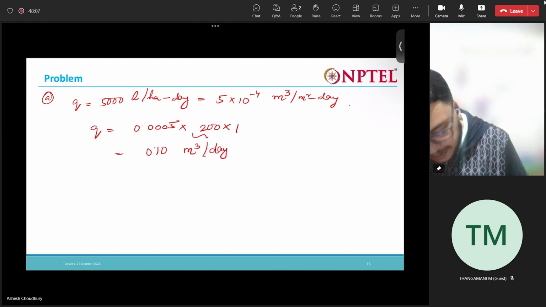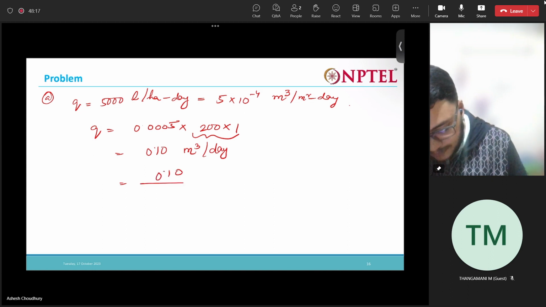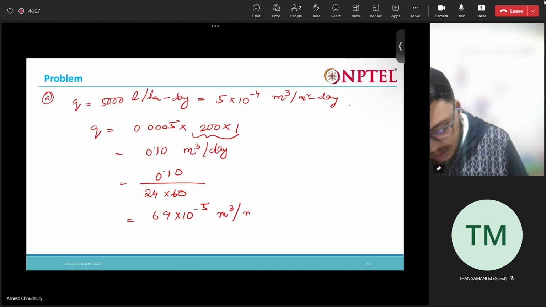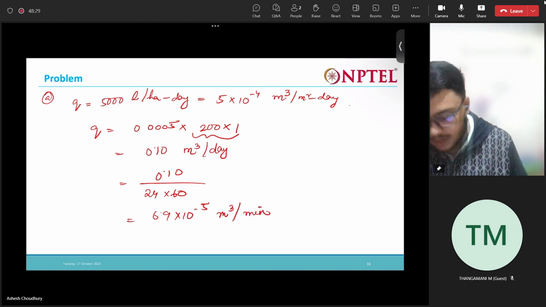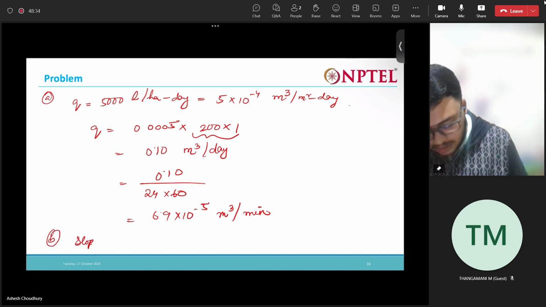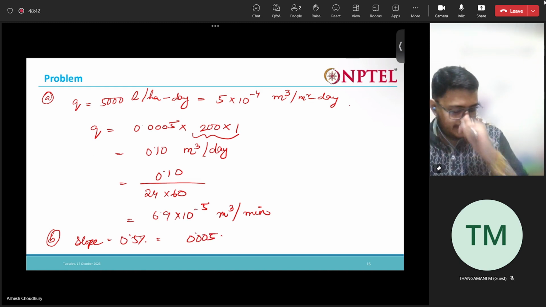So you multiply this by the area, you get meter cube per day. This we convert to minute. 2.10 by 24 into 60 gives 6.9 into 10 to the power minus 5 meter cube per minute. Now what is the slope? The slope is 0.5% actually, 0.005.